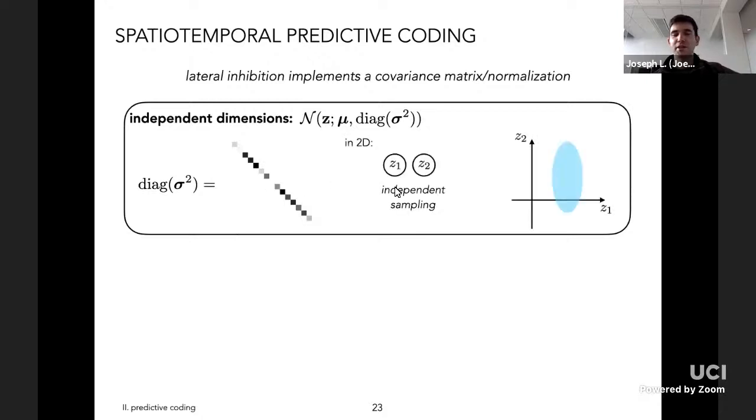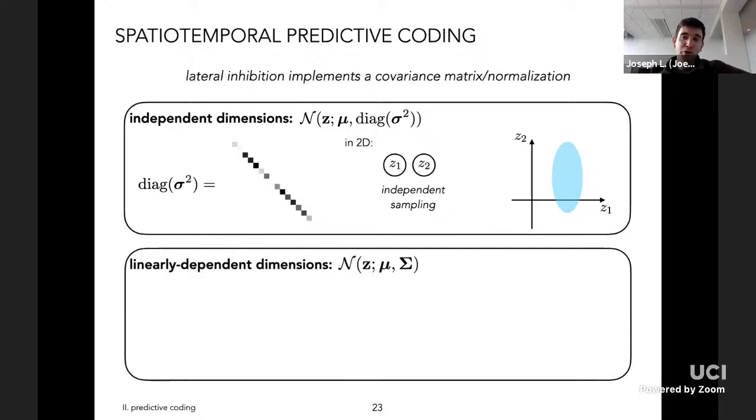So in 2D, you could think of this as having two variables, two dimensions, and you're independently sampling those dimensions. So if you had a Gaussian distribution like this, you can think of it as an axis-aligned Gaussian distribution, where you have some variance in the Z2 direction, some variance in the Z1 direction, but they don't really get to talk to each other.